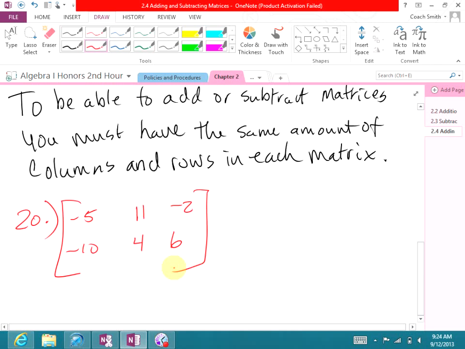Obviously, from the get-go, it's different because now I have 3 columns and 2 rows. Then they're going to subtract -3, 8, 0, -5, and 2 and -1.